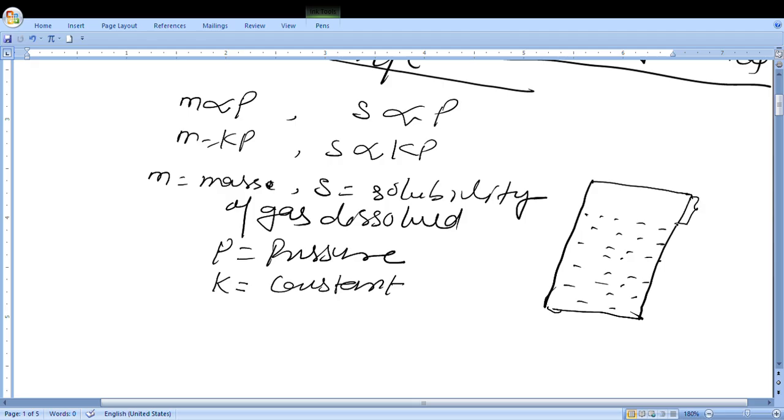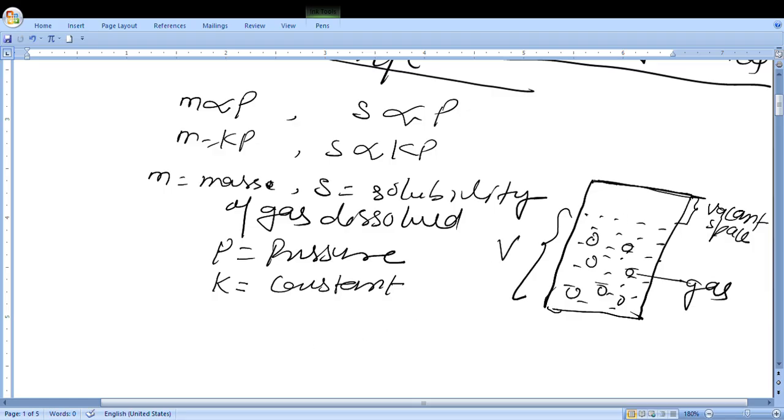There is some vacant space, then this is the lid, and the gas is dissolved there, and this liquid is of V volume, a fixed volume. The definition says that the mass or solubility of gas is directly proportional to the pressure exerted on the surface of liquid.